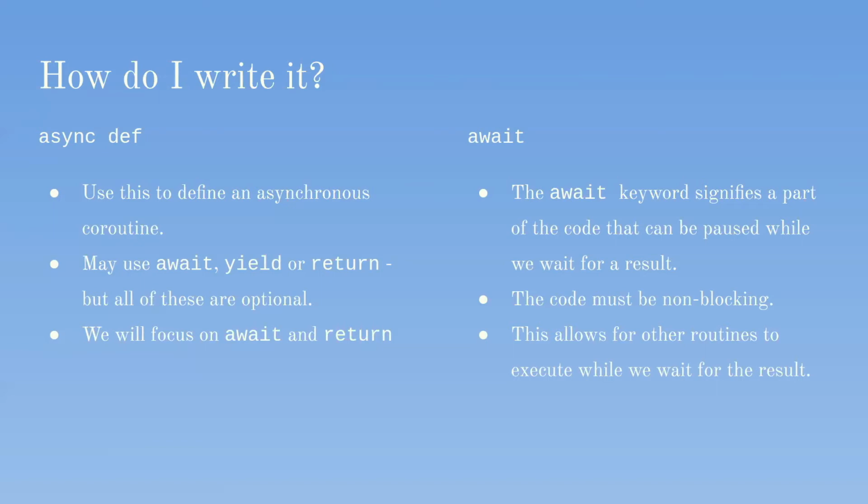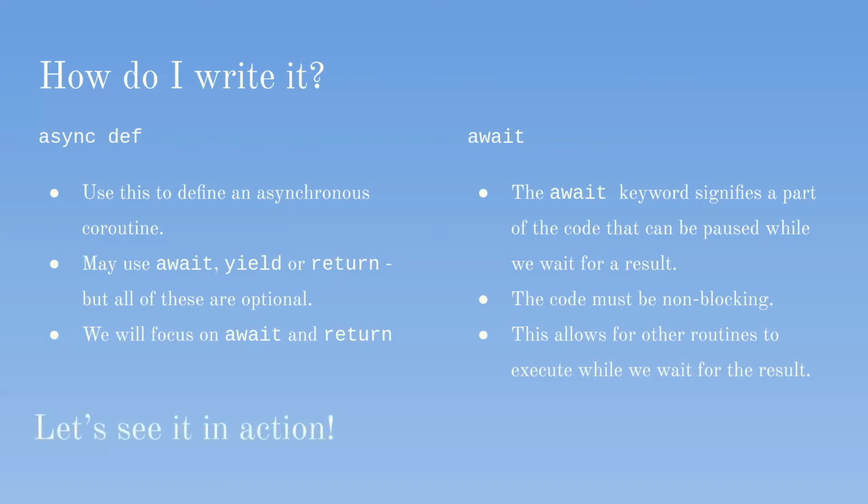It's going to take some time to come back, so I'm going to pass off the process for something else to be done. The CPU is not blocked. Anything with the await keyword must be non-blocking, so it must not occupy the CPU in that time. And by it being non-blocking, that allows for other routines to execute while we wait for the result.